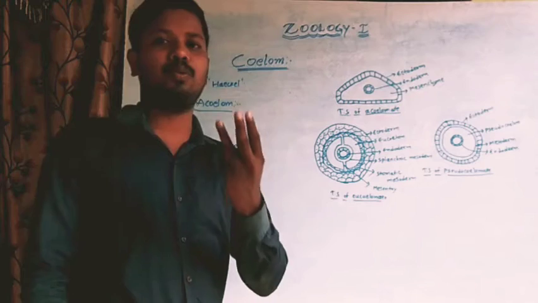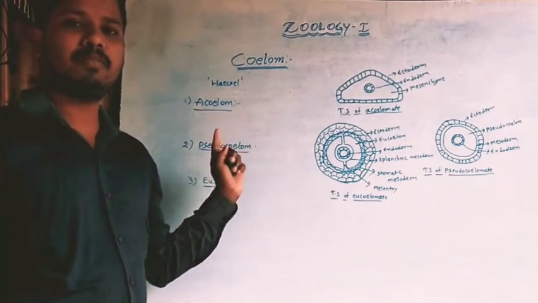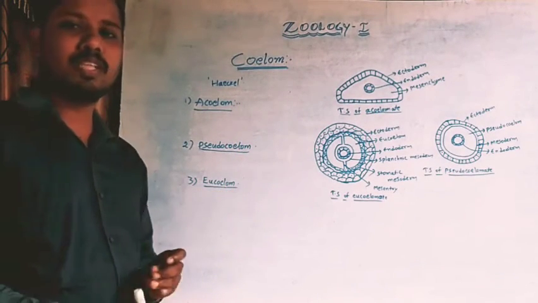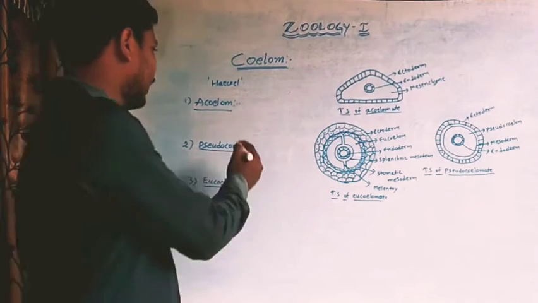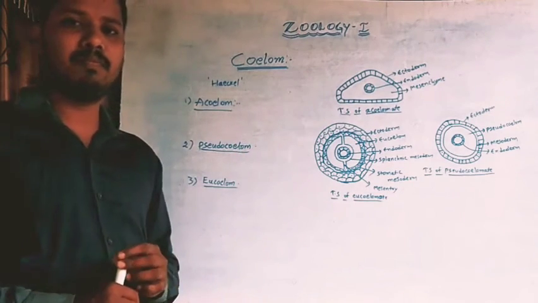Coelom can be divided into three types: acoelom, pseudocoelom and eucoelom. So let us discuss about the acoelom.